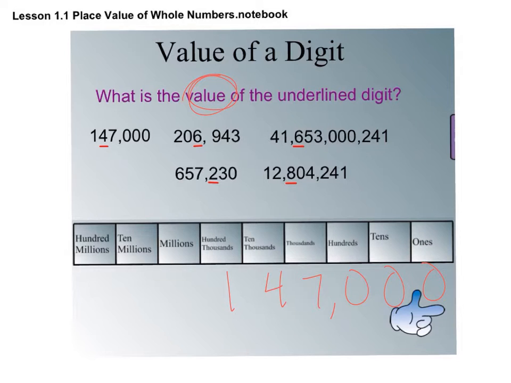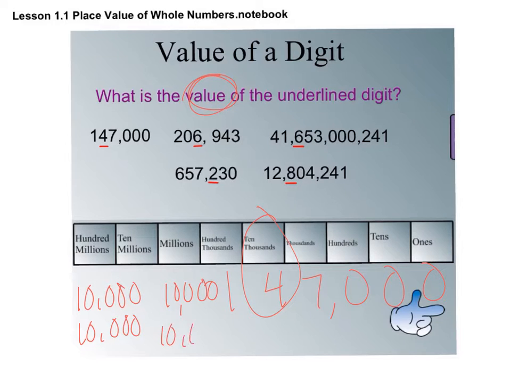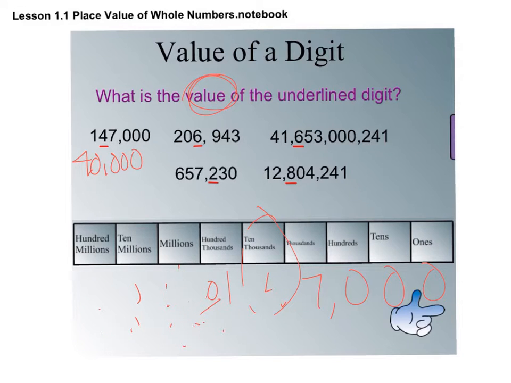The 4 is in the 10,000s spot, so I have to think 4 10,000s. There's 1, 2, 3, 4. It has a value of 10, 20, 30, 40,000. It's a 4 in the 10,000s spot, so it's worth 40,000.